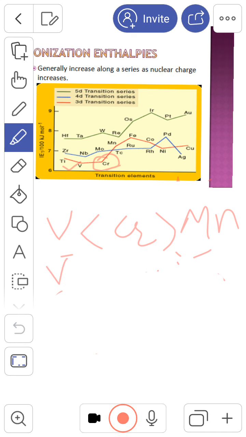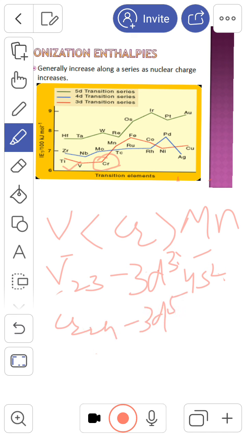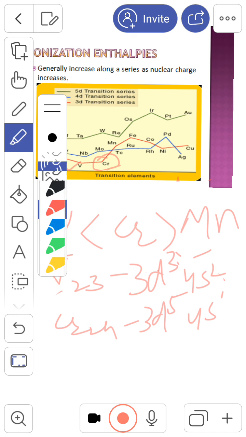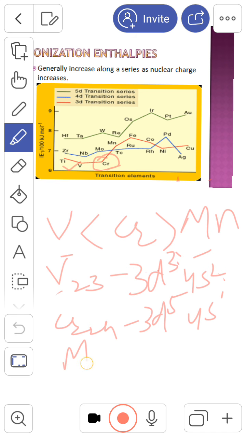Vanadium has atomic number 23. Its outer electronic configuration is 3d3 4s2. In the case of chromium, 24, it has 3d5 4s1, and in the case of manganese, 25, it is 3d5 4s2.